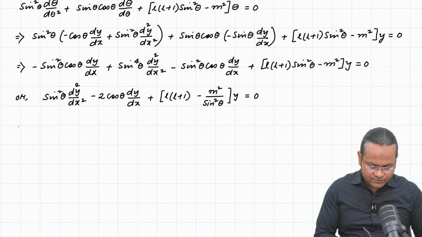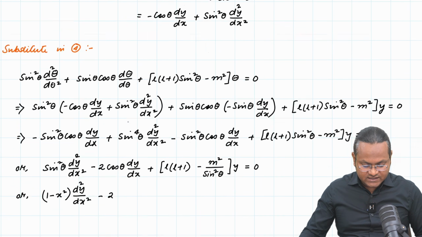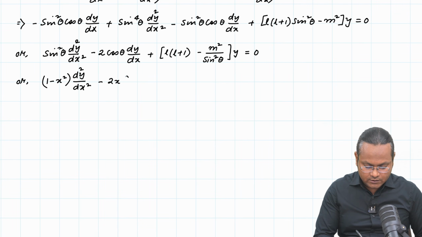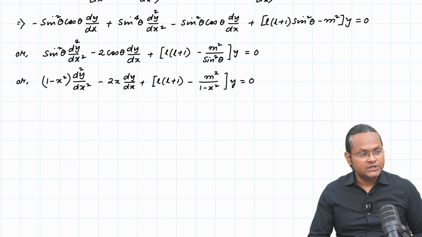So the equation finally becomes 1 minus x square d2y upon dx2 minus 2, cos theta is nothing but x, so this is 2x dy upon dx plus l plus 1 minus m square upon 1 minus x square, y equals to 0. This is known as the associated Legendre equation in mathematics.